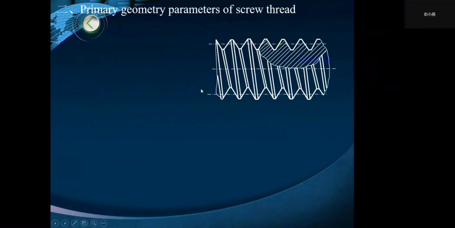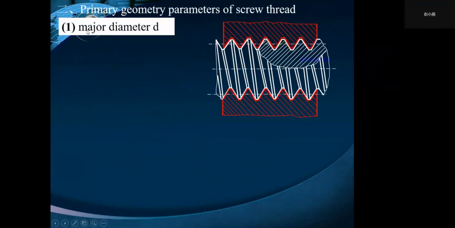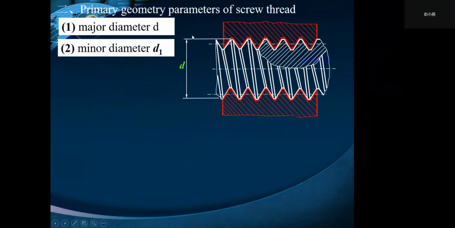Next, we will learn the primary geometry parameters of screw thread. First, the major diameter D. The major diameter D, as shown in this figure, is the largest diameter of screw thread.